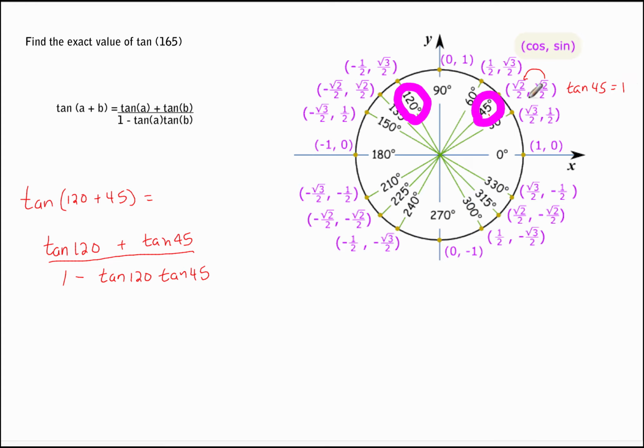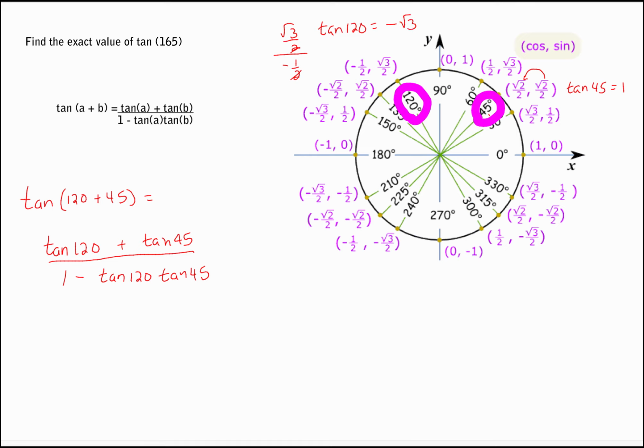We like that number. Over here with 120, well, that would be the sine, which is radical 3 over 2, divided by the cosine, which is negative 1/2. Okay, the 2's cancel out, so the tangent of 120 is negative radical 3.